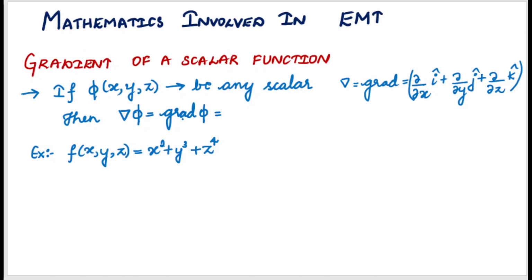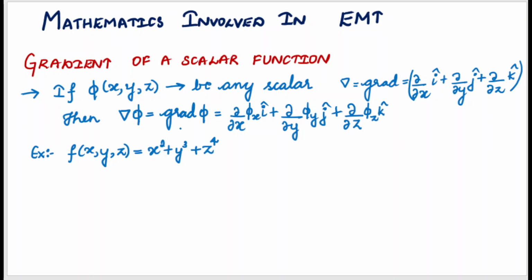Okay. Now, how do you define this gradient of phi? So, gradient of phi is defined as dou divided by dou x into phi x into i cap plus dou divided by dou y into phi y into j cap plus dou divided by dou z into phi z into k cap.